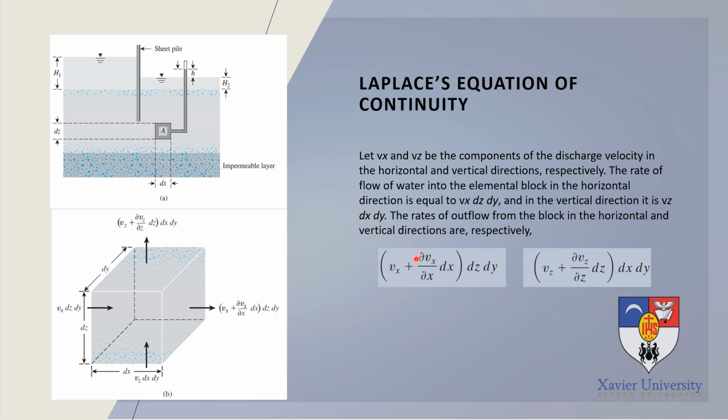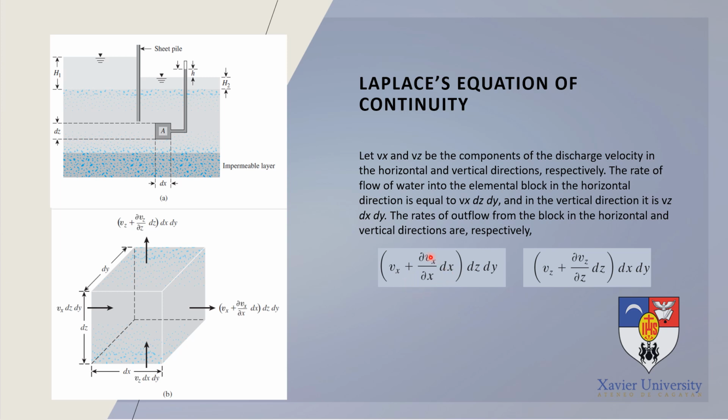Here we have a differential with respect to x, because our discharge velocity along x, or Vx, changes as there is a movement of water, so we have to incorporate the differential expression.